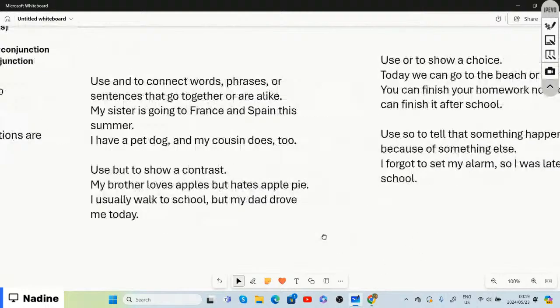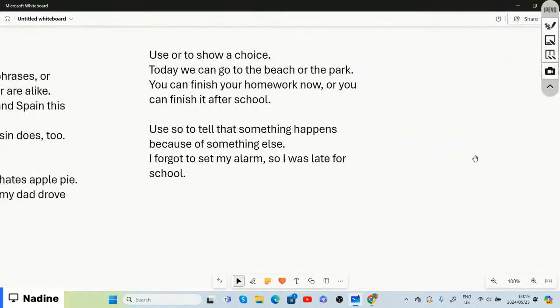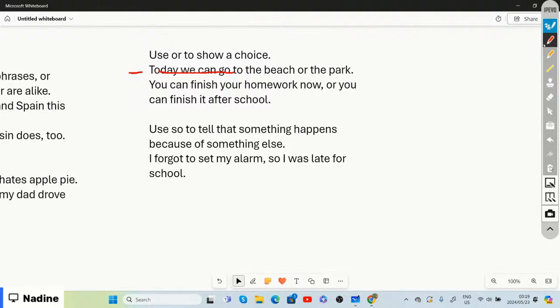And then we use "or" to show a choice. It's either this or that. It's either black or white. You can either get ice cream or juice.